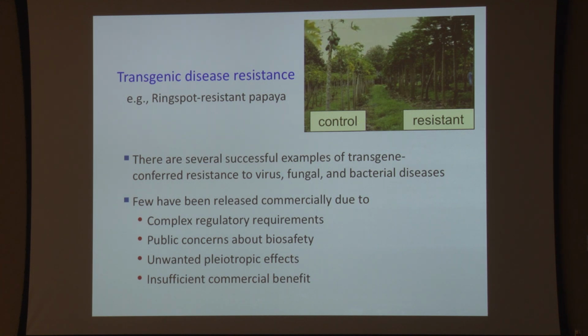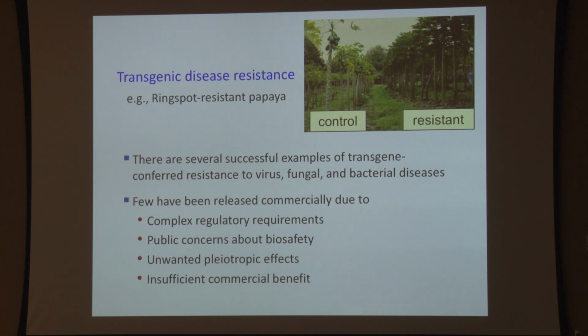There are other examples of transgenics which have been produced, controlling virus, fungal, and bacterial diseases, but very few have been released. And there's a number of reasons for this. One of them, of course, is how difficult it is to get a transgenic variety produced. I think the estimates are $20 to $100 million for a new transgenic to go through all the regulatory procedures.